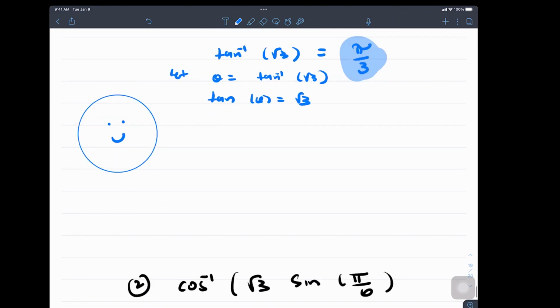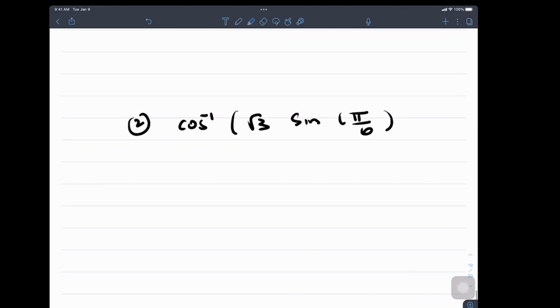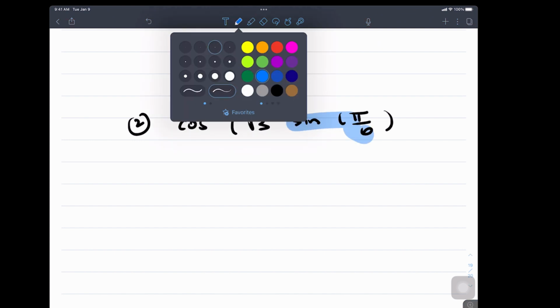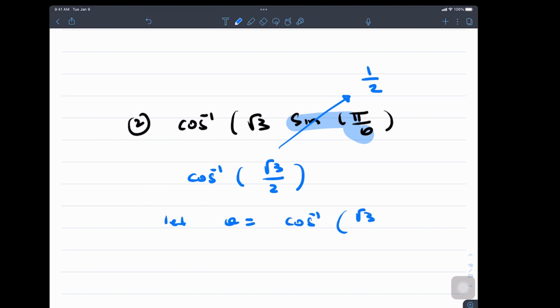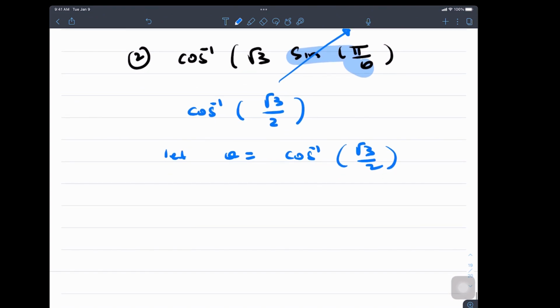All right. What about the other one? What's cosine of 30 degrees? Is that 1/2? So you go, oh, they're really asking me for cosine square root of 3 over 2. I don't think we did this one. Right? So the process will be, let theta be inverse cosine square root of 3 over 2.